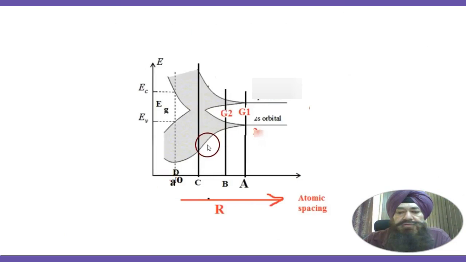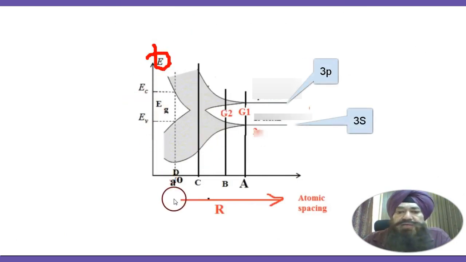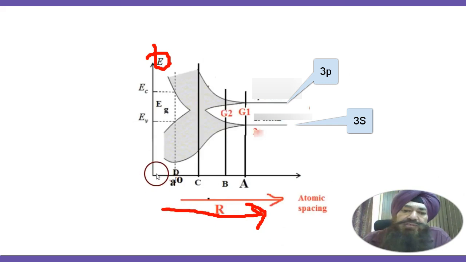So this is the graph between the energy and the interatomic spacing R. What is the point here? We have 2 atoms, one here and one here. And what we do is bring this atom closer, closer and more closer.